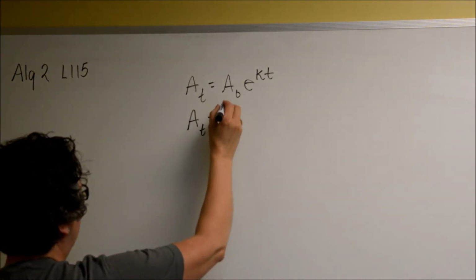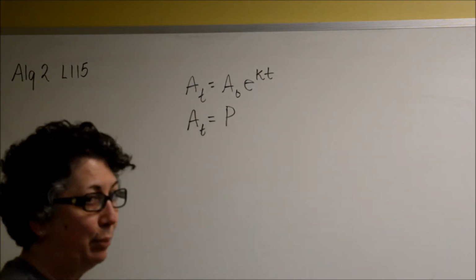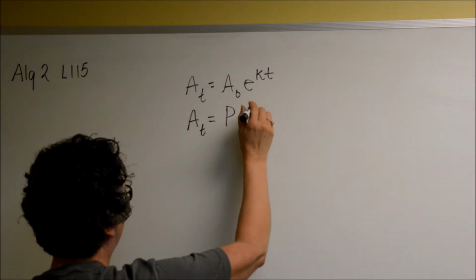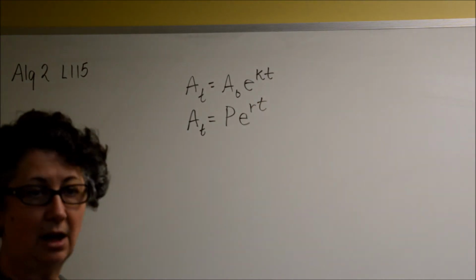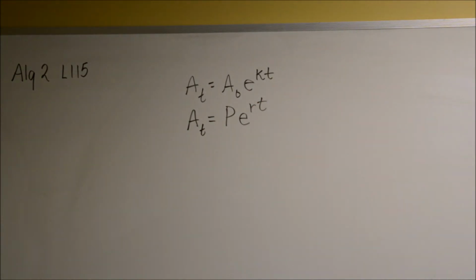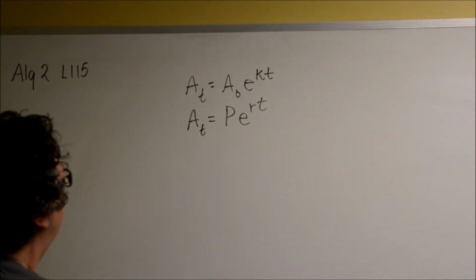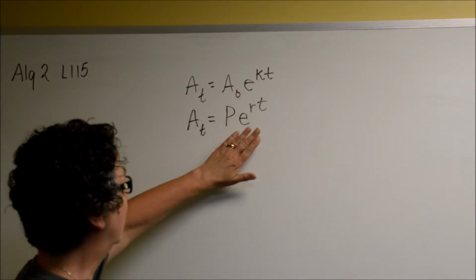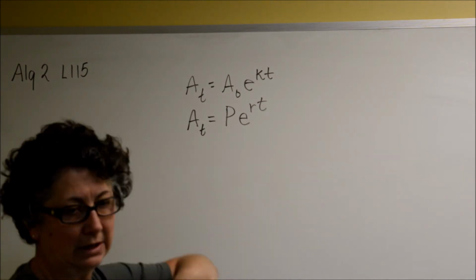But A sub 0 is usually called the principal, so they'll use the P for principal. And e to the k is usually your rate of interest, rate of return. So we use an R instead of the K. But again, it's the same pattern, just specialized for finance.